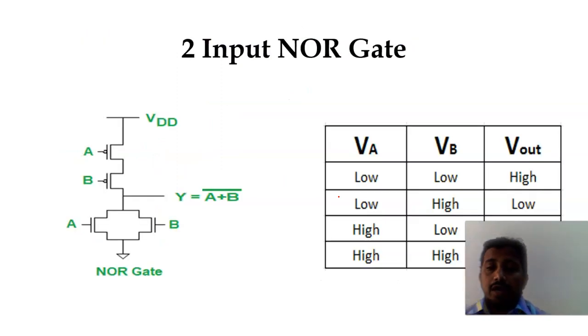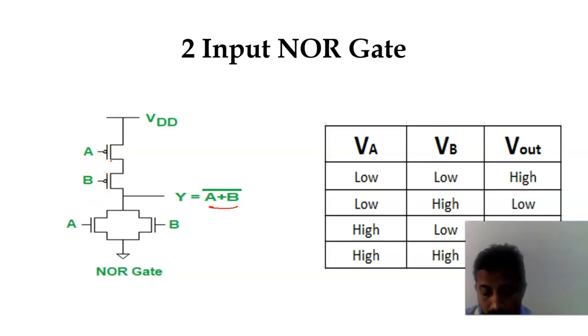Similarly, you can have a NOR gate in a similar way. The expression for a NOR gate is A plus B whole prime. It is OR invert. OR means what? The NMOS transistors should be connected in what? Parallel. The vice versa, opposite of that, PMOS should be connected in what?